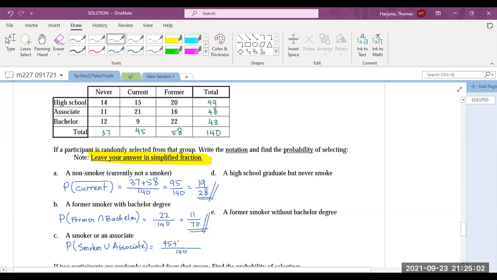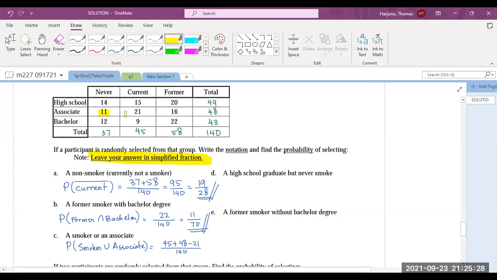But that 21 already counted though. So would it be 11 and plus 16? Yes, you can do that. I will do the following. I will use 48 minus the double count. But you can also use 11 plus 16 after that 45.